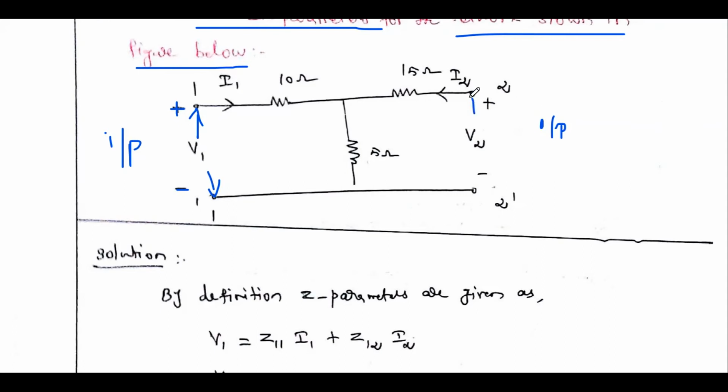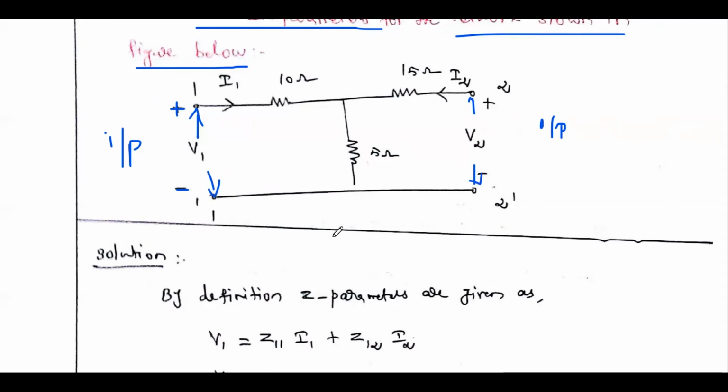Similarly, the voltage across the output port you just consider as V2, and the current entering into the second port you just consider as I2. So first, in the given network, we have to mark the four variables V1, I1, V2, I2 as they are.